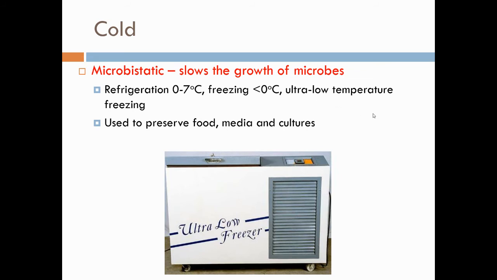We use these to preserve food, preserve media, and preserve stock cultures in the lab. So if I want to hold on to a sample for a while, I can refrigerate or freeze it, and subsequently when the temperature increases, those cells will still be viable.